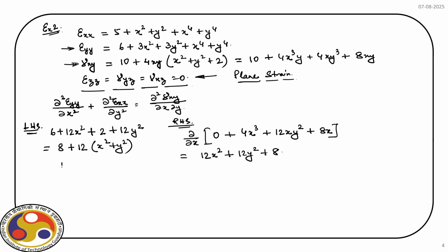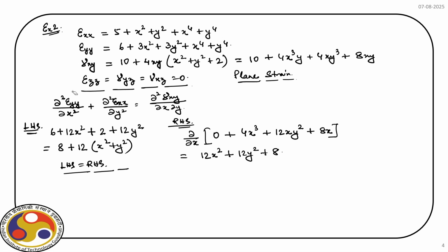So, LHS is equal to RHS. That means the first condition is satisfied, right. So, what I suggest you can actually repeat the exercise and verify the other conditions. Okay. It is a similar problem.